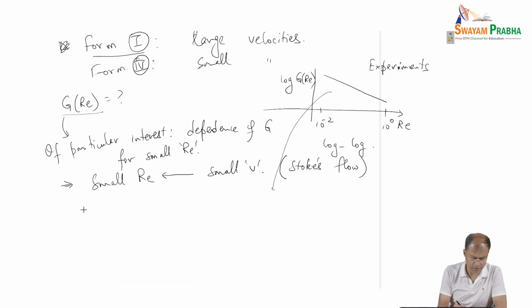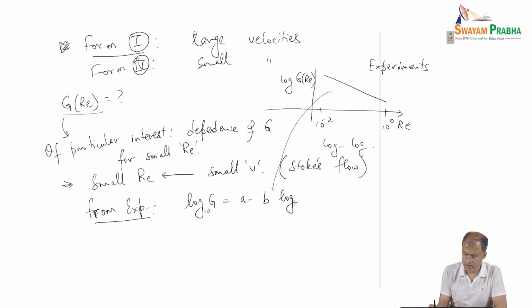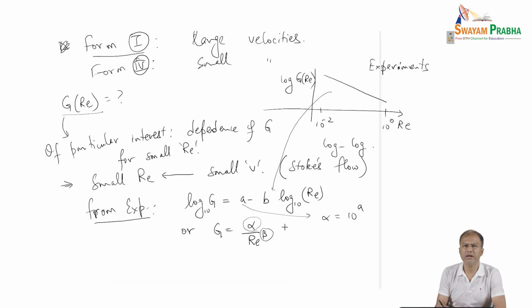Typically we find that log to the base 10 of g is a minus b log Re, or that g is alpha by Re to the power beta, where alpha and beta are related to a and b as follows: alpha is 10 to the power a, and similarly beta is 10 to the power b. So this is on the log scale.